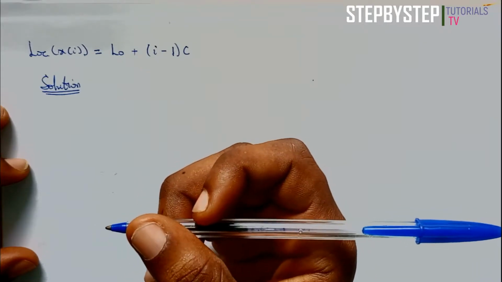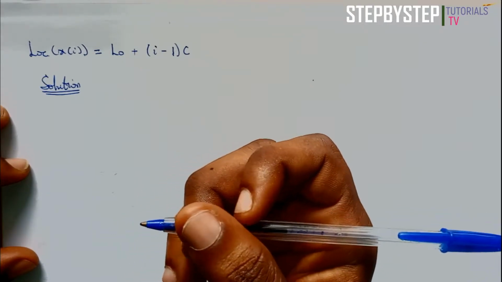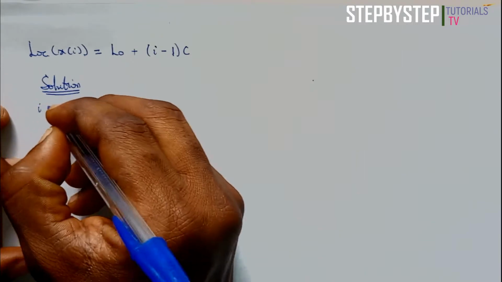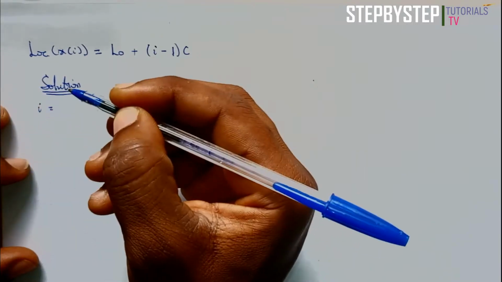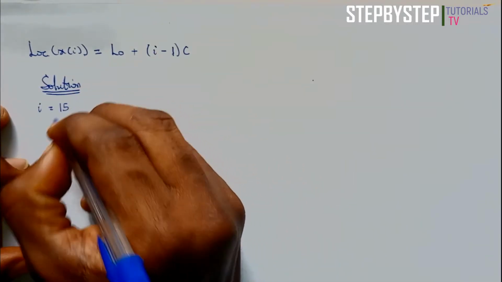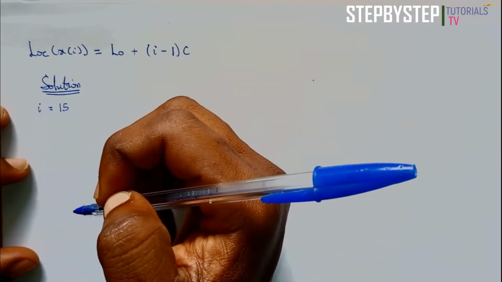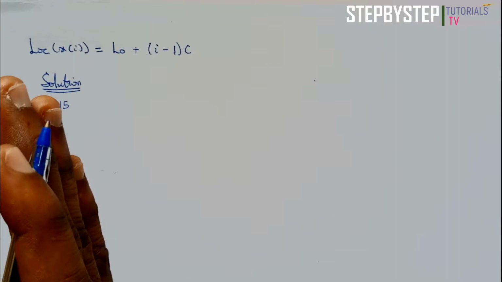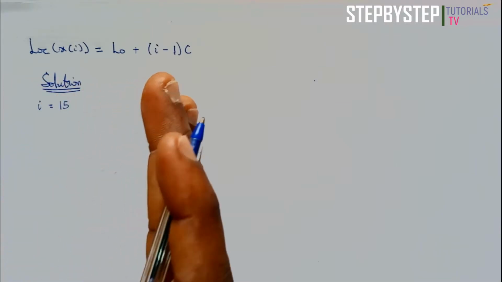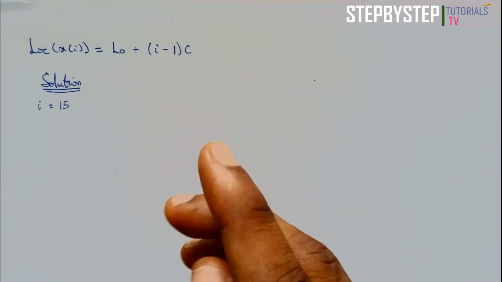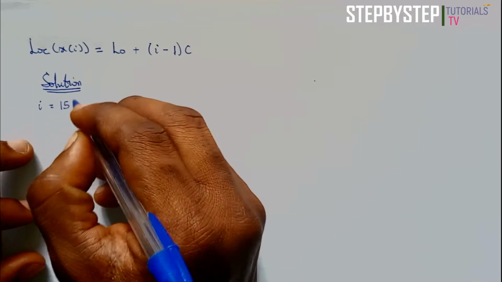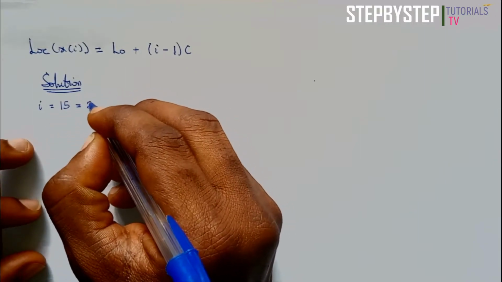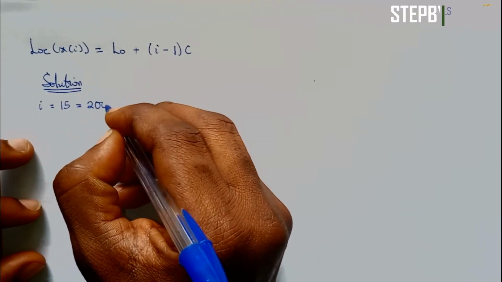Now we're told the address of the 15th element. So as you can see, our n position has been given to us, which is 15. We're also told that the 15th element in a sequential memory allocation is 200. So this means this 15th position has a location which is 200.